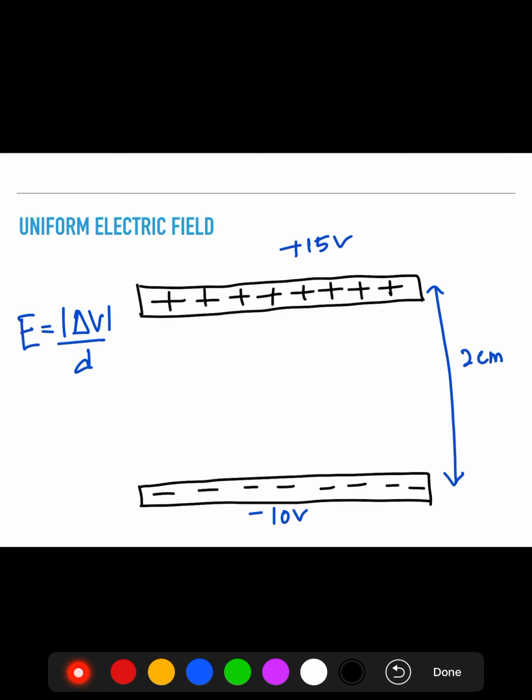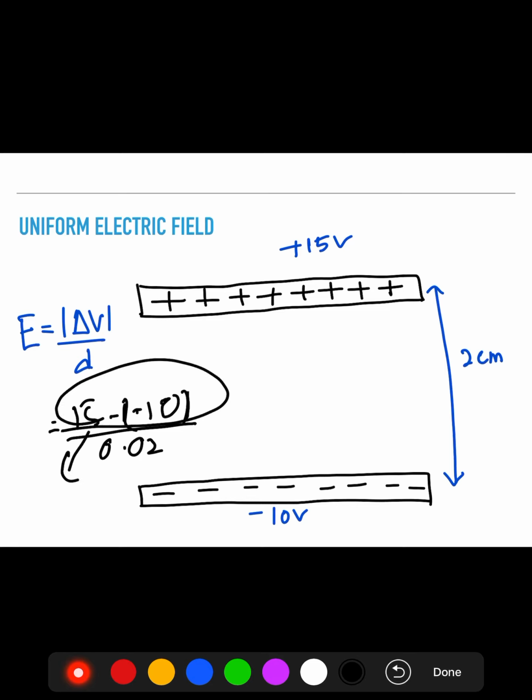So our change of V will be 15 minus negative 10, divided by 2 centimeter, which is equal to 0.02. So the electric field will be 25 divided by 0.02.